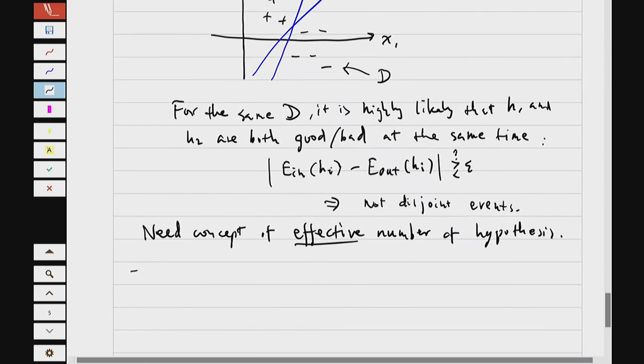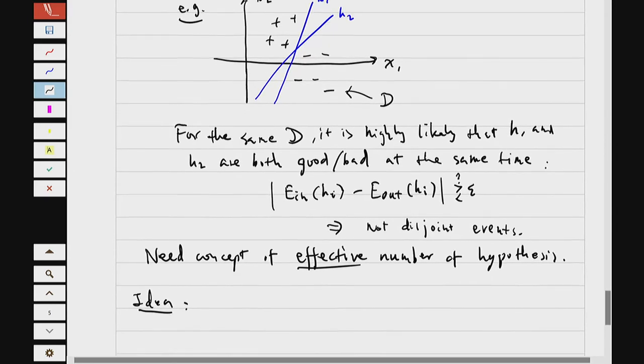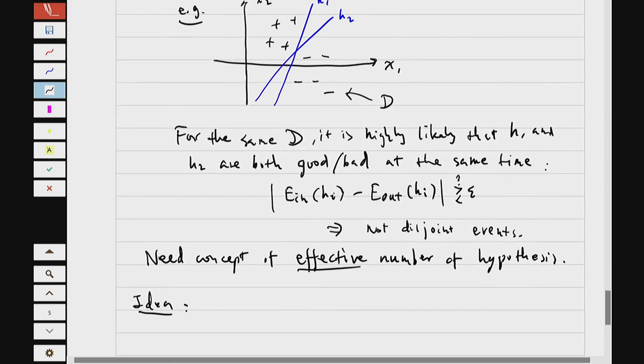What is the idea for this effective number? You can see on the picture already. If two hypotheses give you the same separation of pluses and minuses, we can just treat them as the same.